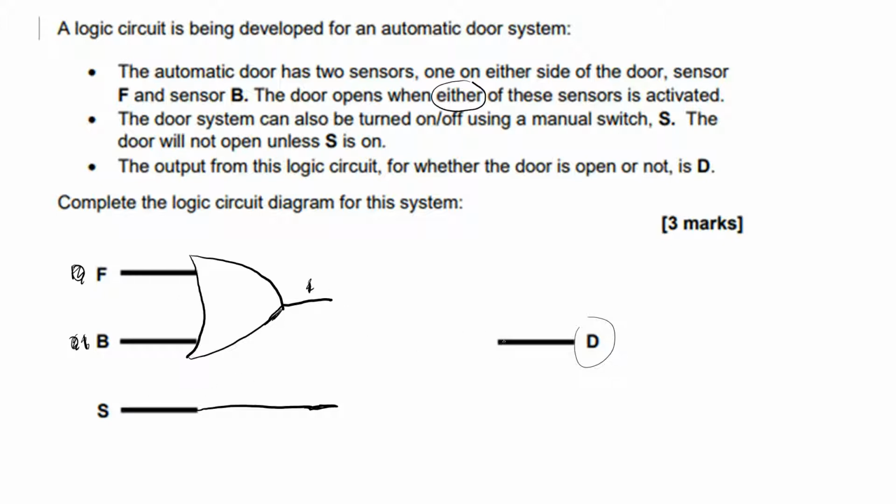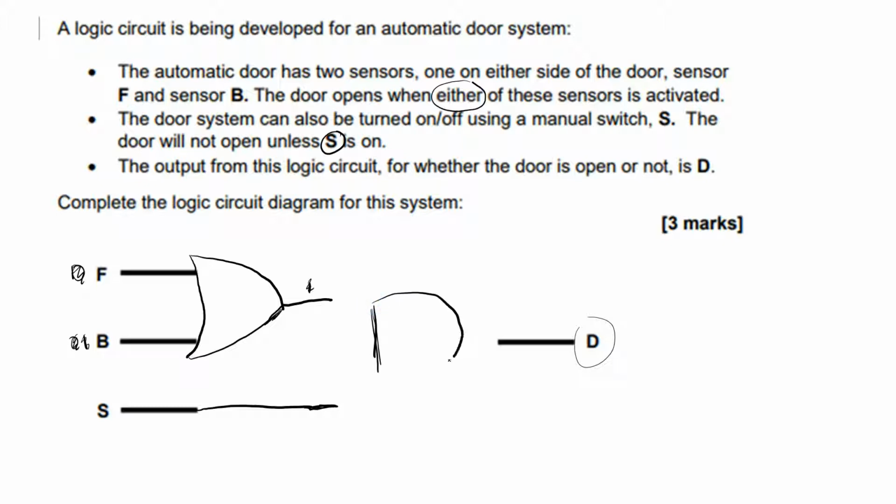Now, in order for D to be switched on, we need to have some input from here and some input from here. So the clue there was, the door system can also be turned on and off. The door will not open unless S is on. So we need the door to be opened when somebody presses F or B and when it's manually switched on as well. So I'm using the word and a lot there.